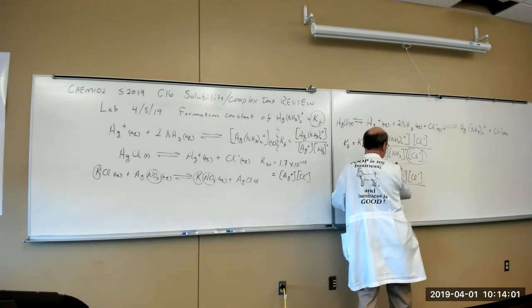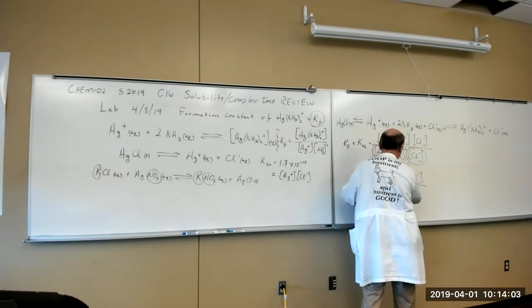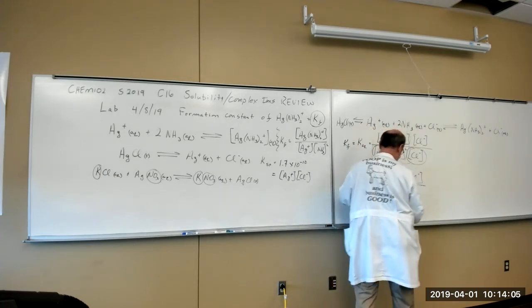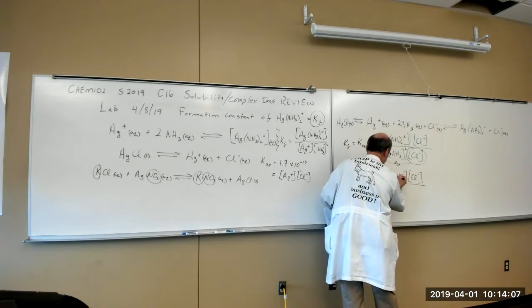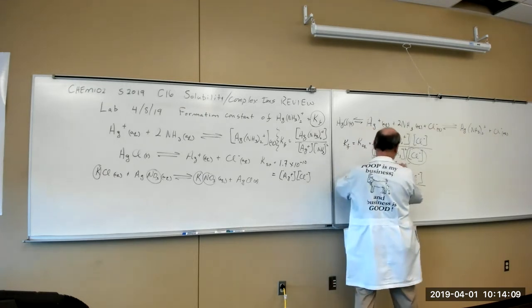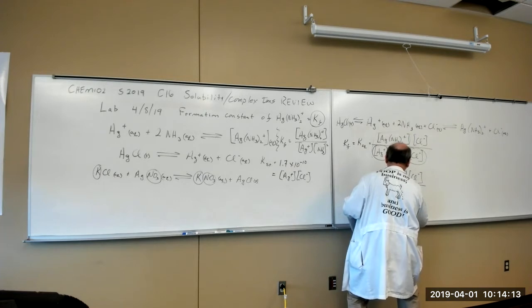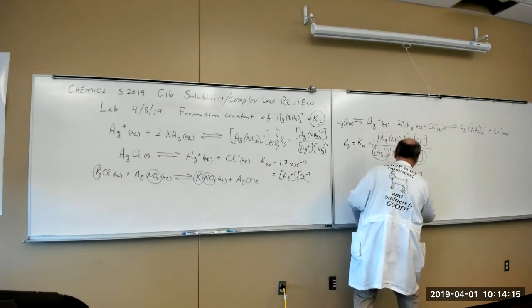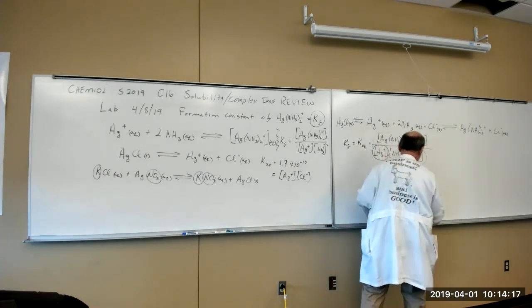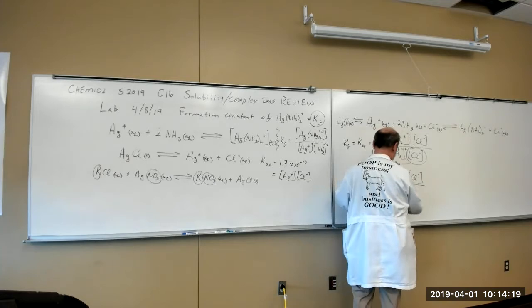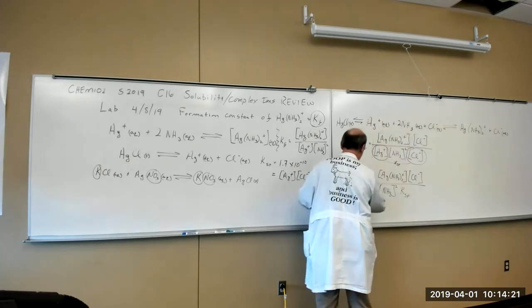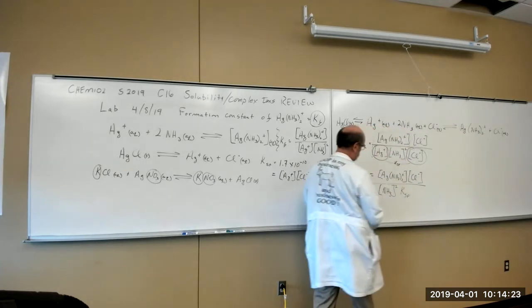Let me get this out of the way. There. That one. And then on the bottom, we have the ammonia squared times the KSP. That's what these two are, KSP. So that's our final expression for KF.